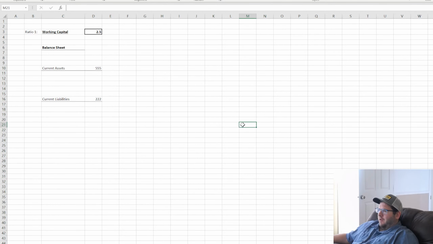Oftentimes, like in a company, expenses will be recognized when the payable is actually paid. But what we're trying to figure out here is if you look at all the money you owe and all the money that's owed to you, where do you sit? Typically, if you live paycheck to paycheck, your current assets are going to equal somewhere close to your current liabilities.